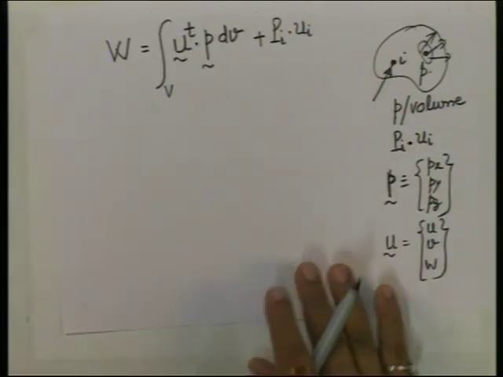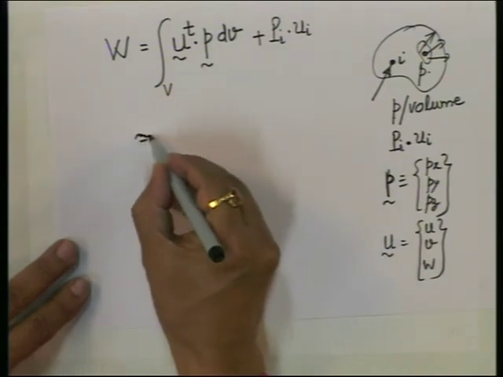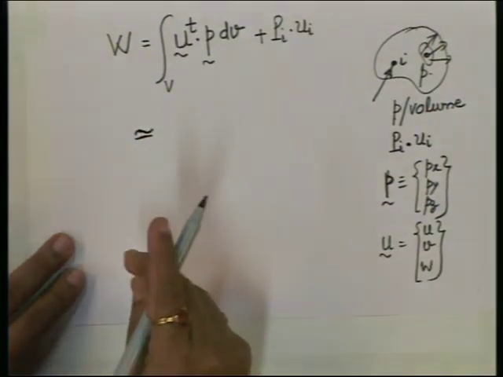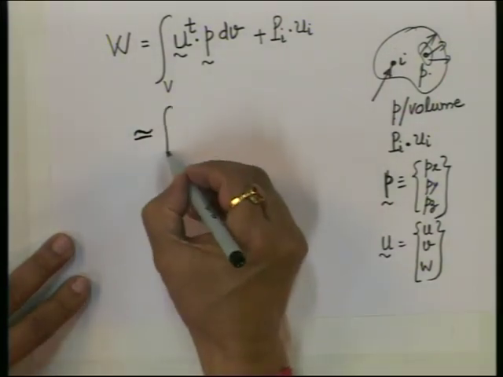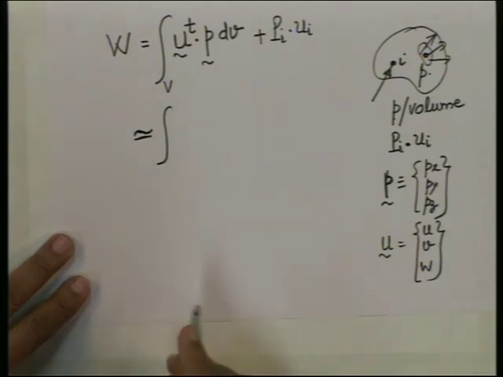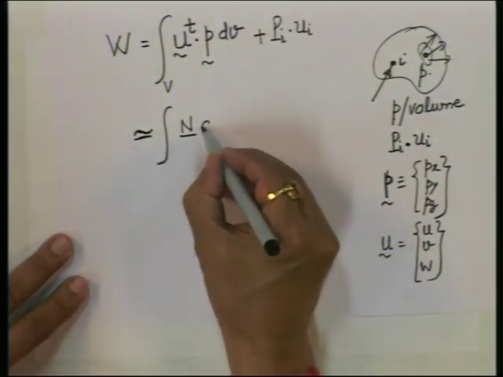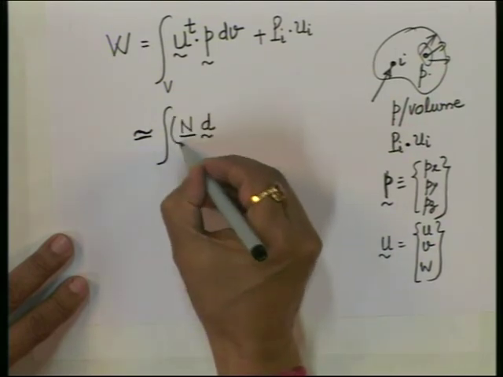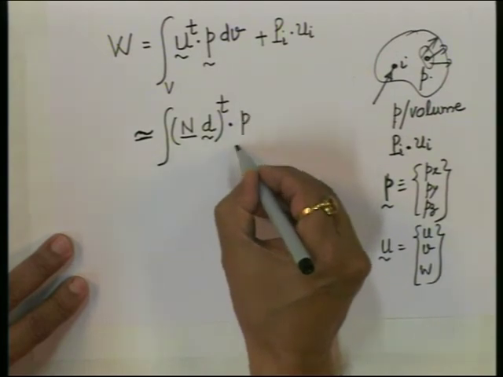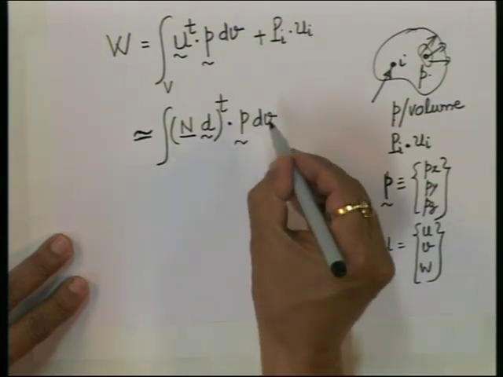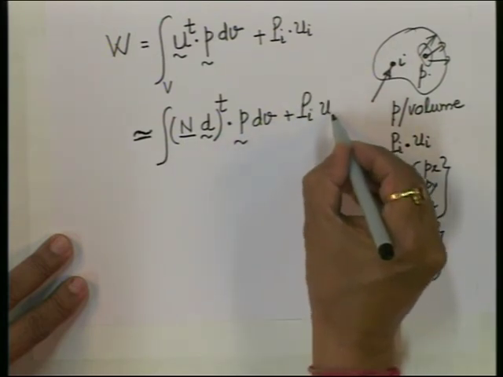And U is equal to, now I will say, discrete work done. The discrete work done will be U equal to N times d, times p dV, plus P_i u_i.